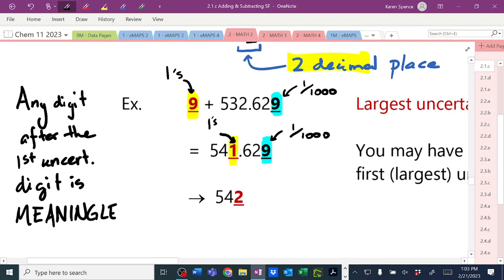And we'll get a really good example of how meaningless it is a little bit later on. But what that means is that we really shouldn't be going past the ones position. That is our first uncertain digit. So my first uncertain digit is the 1, so I need to look next door to the 1. That's a 6, so it should round up to 542. Okay?